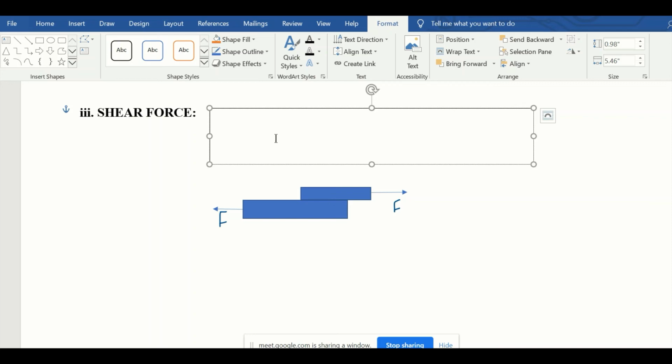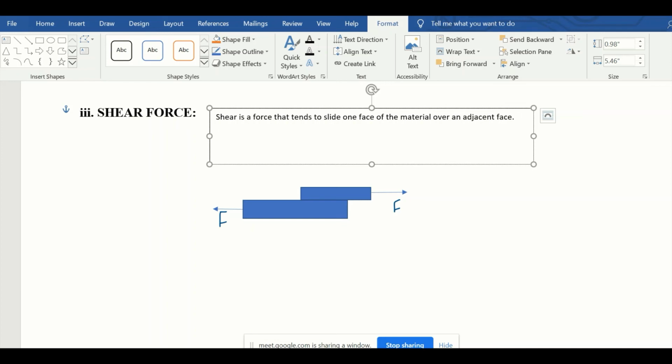I can say that shear is a force that tends to slide one face of the material over an adjacent face. All right, that is for a shear force.